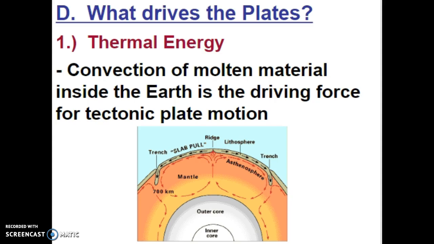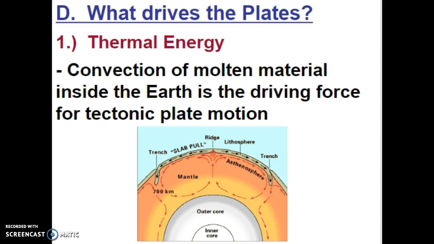The convection, or the circular motion of molten material inside the Earth, is that driving force for tectonic plate motion. Inside the Earth, we have portions that are liquid. As things heat up, heat rises. And so very hot magma rises up to the surface.